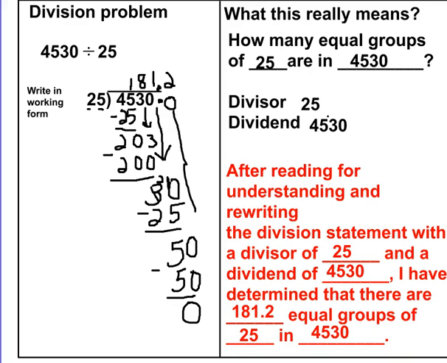So again, when we're restating this expression problem for division, we are looking for how many equal groups of 25 are going to fit into this number. So the 25 is your divisor. The 4,530 is your dividend.